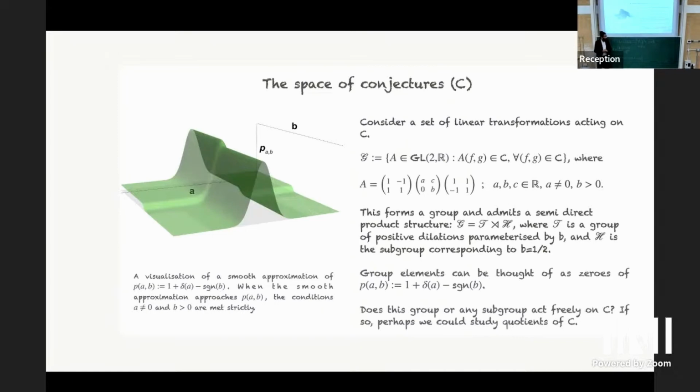That is because these parameters A, B, C are constants, so they're sort of trivial. They are trivially rearranging the inequality, and that's not super interesting per se. So we ended up figuring out another group action on the space.